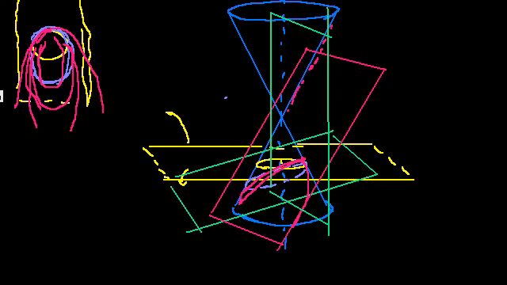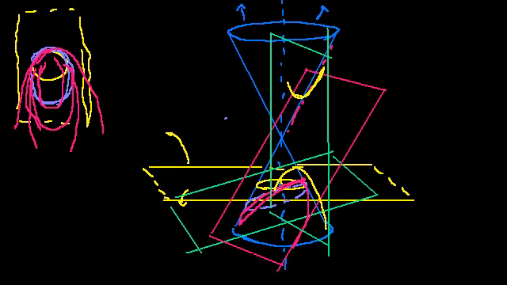I should probably redraw it all, but hopefully you're not getting overwhelmingly confused. The intersection would look like this. It would intersect the bottom cone there, and it would intersect the top cone over there. This would be the intersection of the plane and the bottom cone, and up here would be the intersection of the plane and the top cone. Remember, this plane goes off in every direction infinitely.